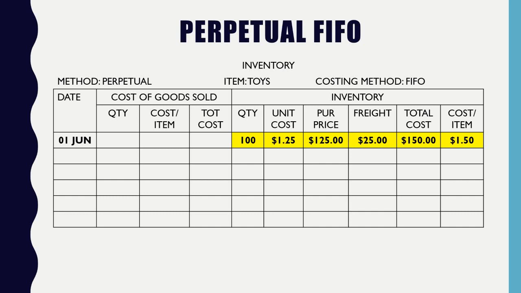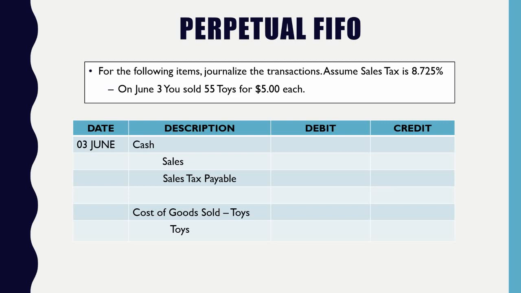So that's your first thing that you have there, is that this is my very first batch of inventory. Okay. So then the next thing we have here is that on June 3rd, you sold 55 toys for $5 each. Okay. Now, of course, when we're looking at sold, we're selling it at its selling price, which in this case is $5.